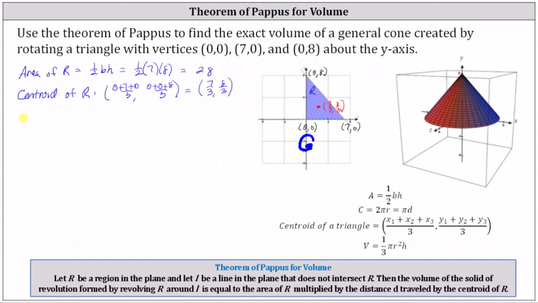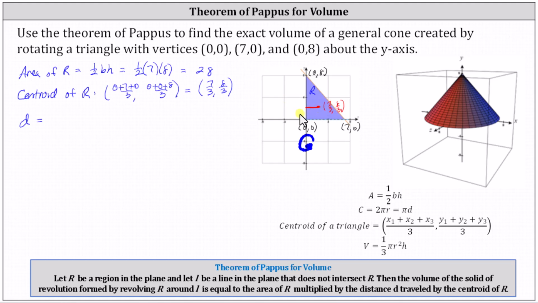Next, we determine the distance d that the centroid would travel when rotated about the y-axis. Notice if the point is rotated about the y-axis, we would have a circle at which the radius would be this distance here, which is 7/3.